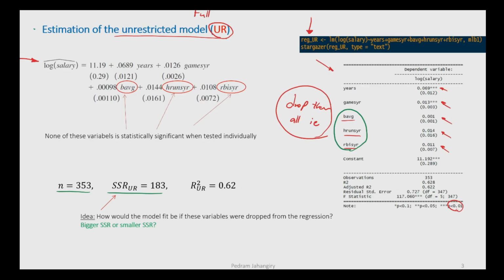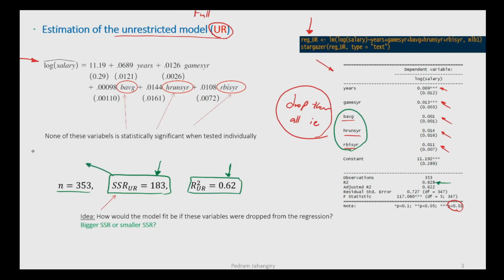These two numbers are really important for us to construct the F statistic, right? The sum of squared residuals of the unrestricted model is 183, rounded to 2 decimals, I believe. And this is the R square of the unrestricted model, which is 62%. You can also go ahead and calculate the sum of squared residuals.